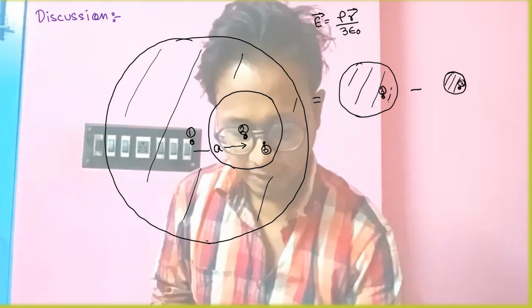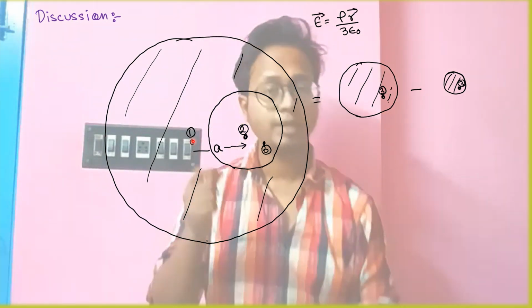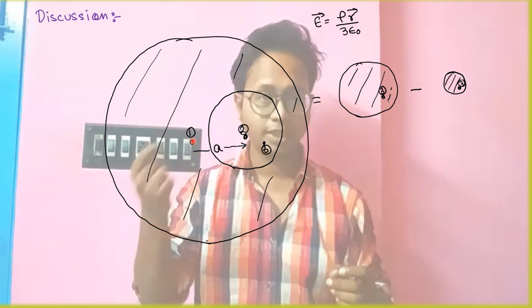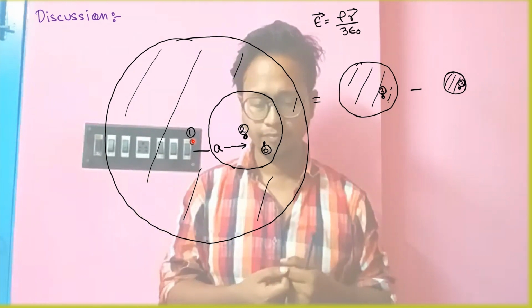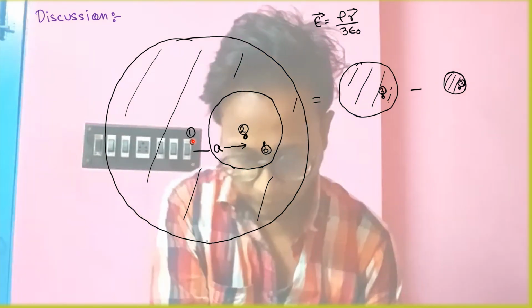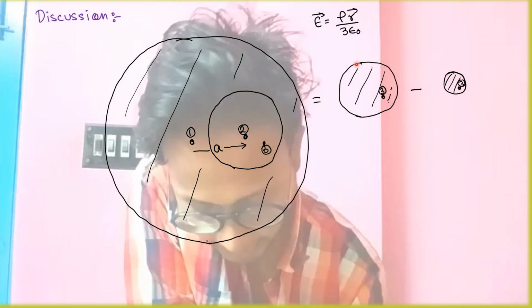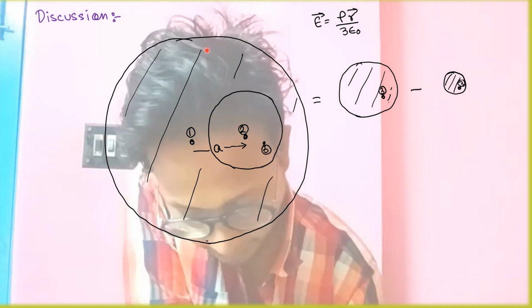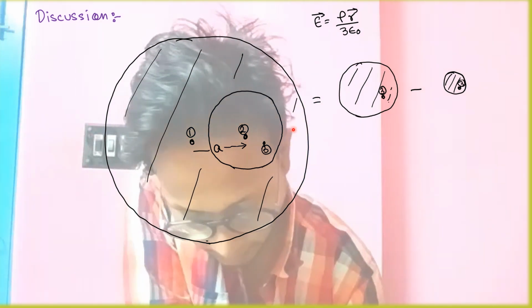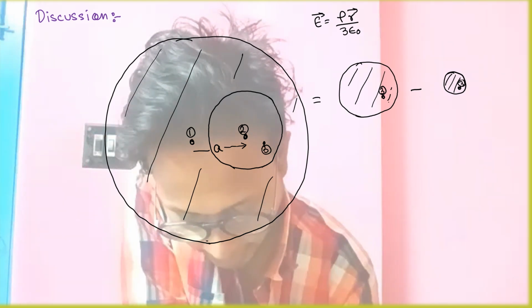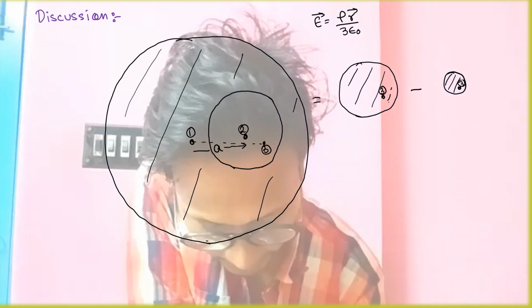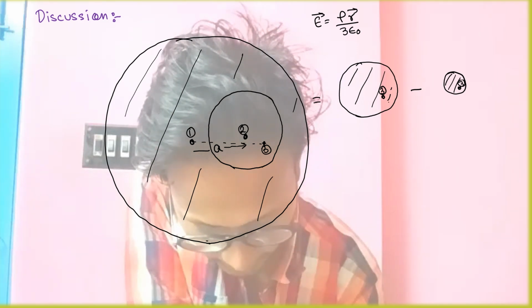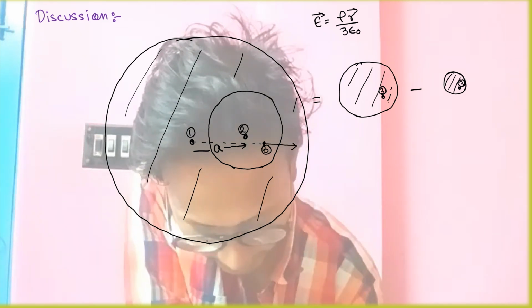So this r vector is the vector originating from the center of the sphere to the point where you have to find the electric field. So my first question is, what is the electric field due to this whole completed sphere at point 3? It is in this direction, no? In this direction. And the magnitude is how much?